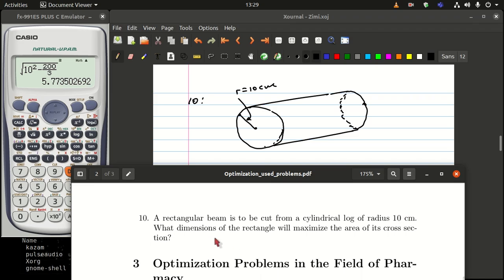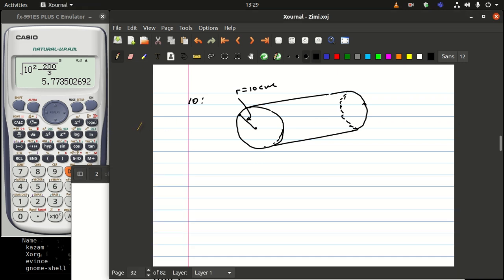So we wanted to create a rectangular beam from this. In other words, we wanted to cut from this position to that position, and cut from this position to somewhere there. Of course this is not drawn to scale.